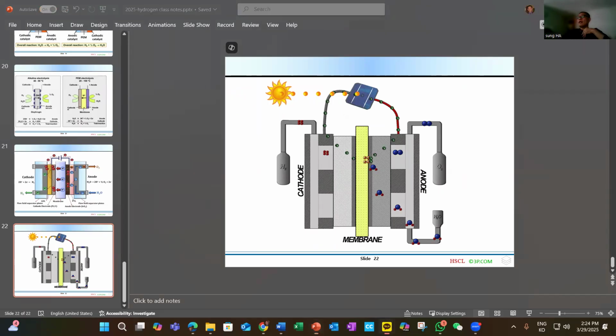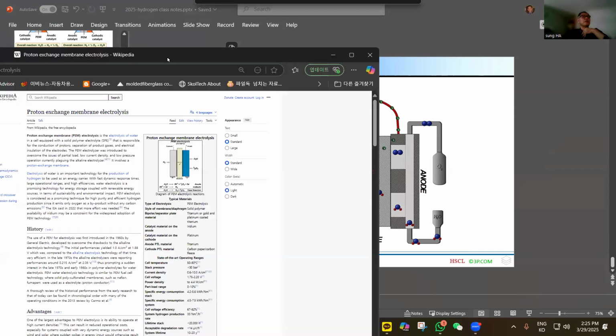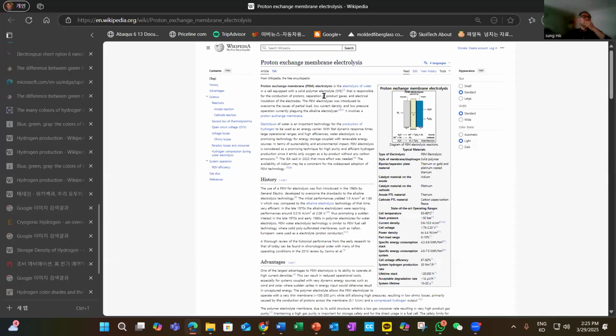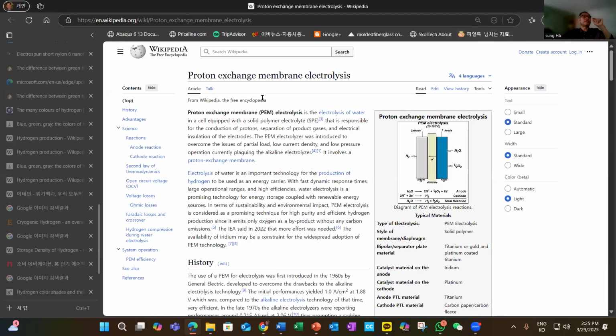Actually, there is a good reference in Wikipedia. I highly recommend you review this Wikipedia article explaining proton exchange membrane electrolysis, PEM.